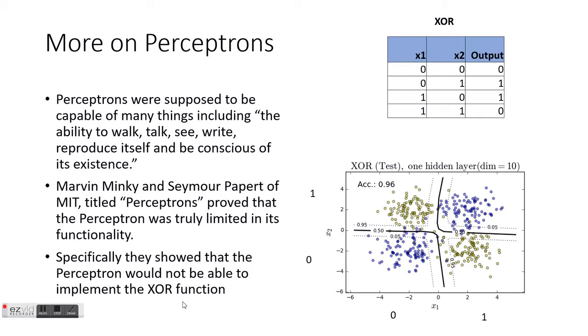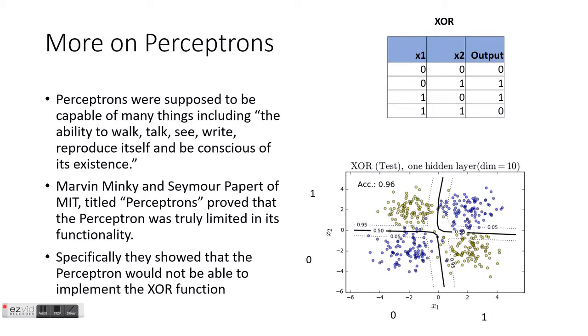So here's an example of an XOR function. The XOR is when the inputs are the same, the output is 0, and when the inputs are different, the output is 1. So here's a simple data set. You can see that if we assume this region is a 0 and this region is a 1, and similarly this region is 0 and this region is a 1, then when you have a 0 0 or a 1 1, we have one data set, and when we have 0 1 or 1 0, we have another data set.